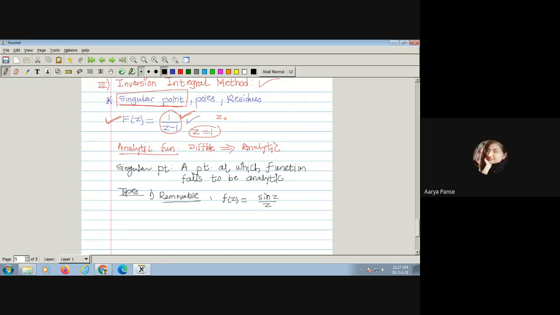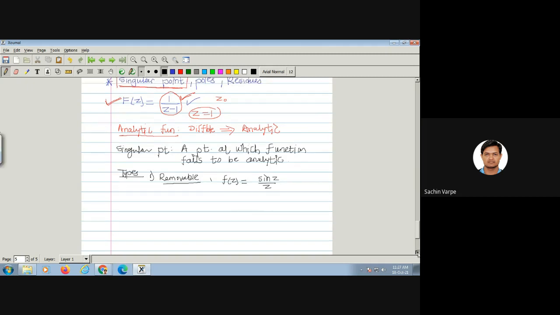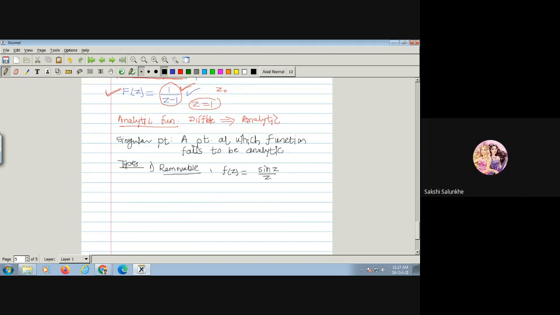But if we take the limit as z tends to 0, does it exist? In 12th, you might have seen the standard result, limit of sin z upon z. What is that? 1. The limit exists.